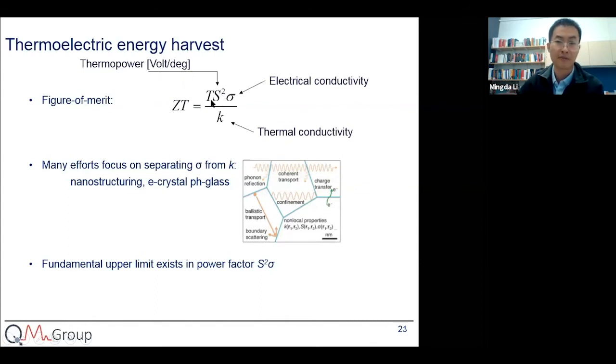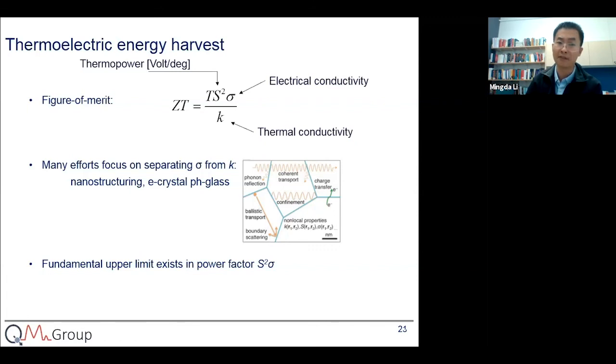That means by varying the temperature difference by 1 degree, how much voltage we can gain. It's proportional to S squared, then proportional to the electrical conductivity, but inversely proportional to thermal conductivity. Intuitively, if we have materials with low thermal conductivity, that reduces the thermal loss and helps preserve the heat in order to facilitate the energy conversion.